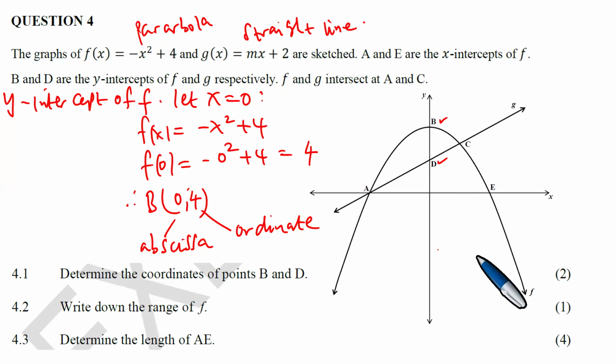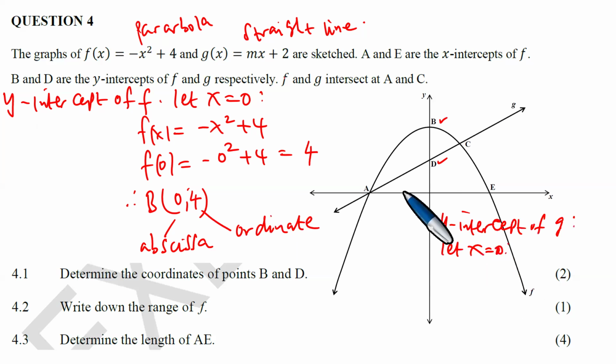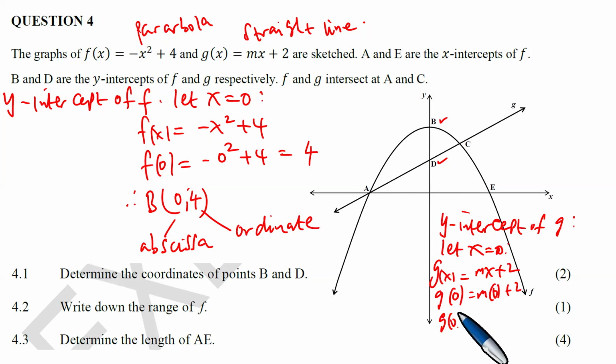Now to find D, which is also a y-intercept, you find the y-intercept of g. If you find the y-intercept of g, you let x be equal to 0. So g of x equals mx plus 2, which means you're dealing with g of 0, which is m times 0 plus 2. m times 0 is 0 plus 2, which is 2.